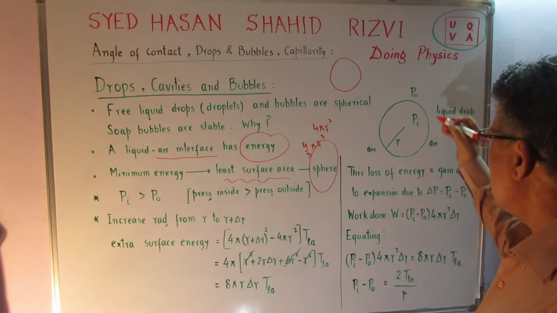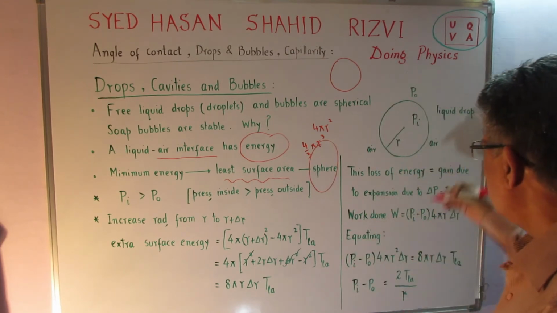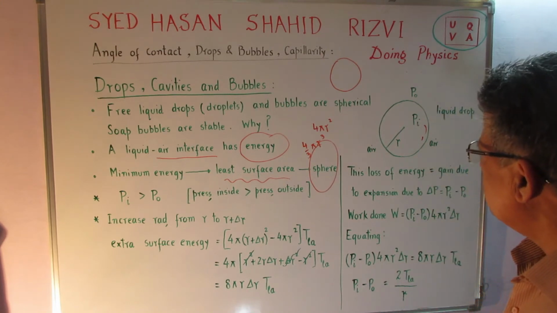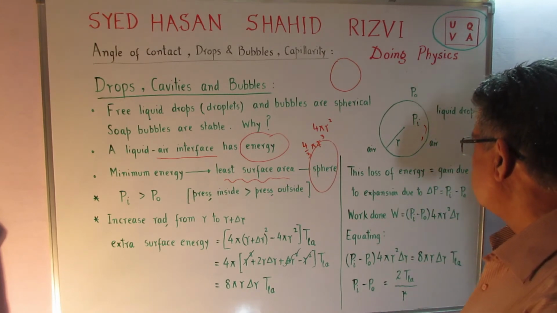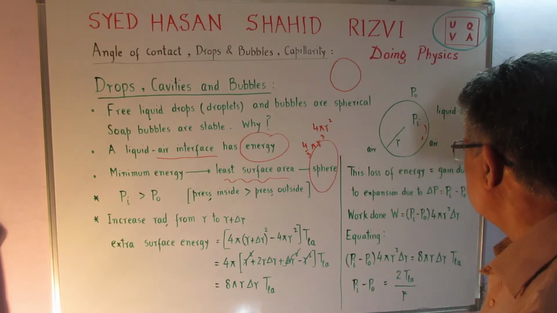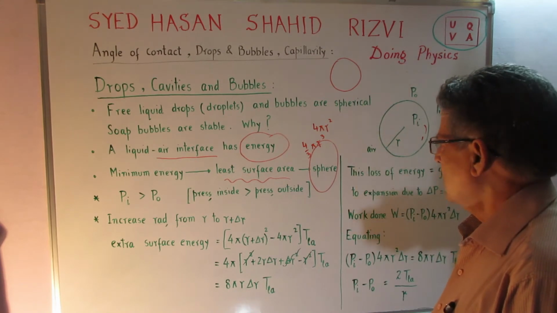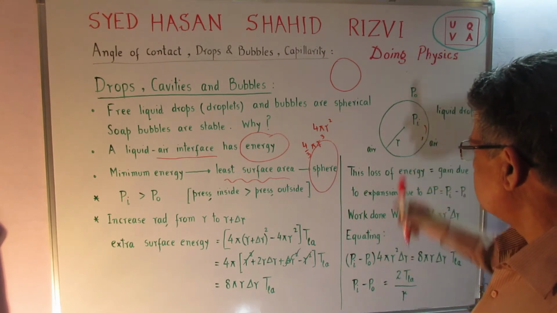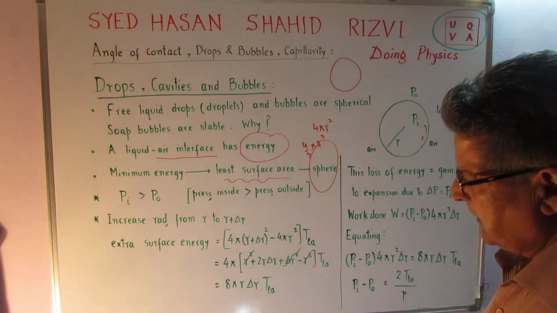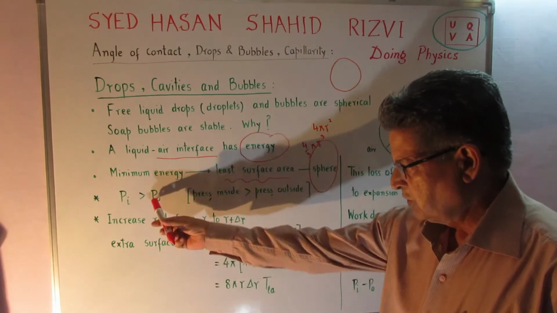Also, I have given a schematic diagram of a drop of liquid, spherical in shape. So there is an interface which is the liquid air interface. There are two pressures which have been shown, pressure inside and pressure outside. And pressure inside has to be larger than pressure outside.